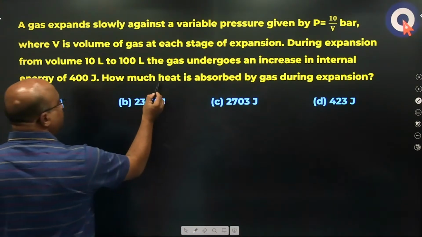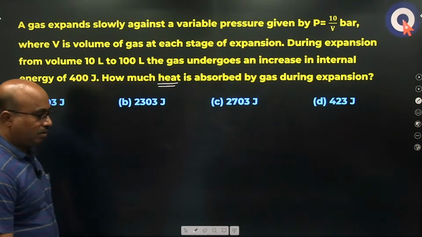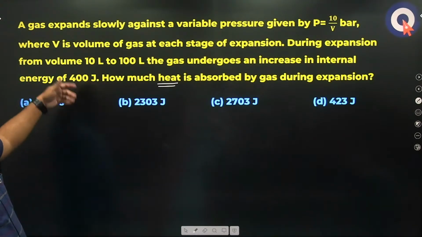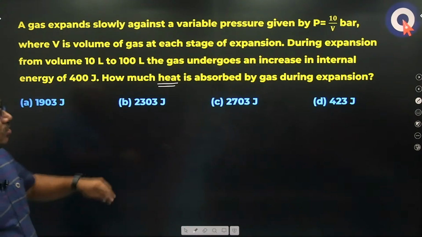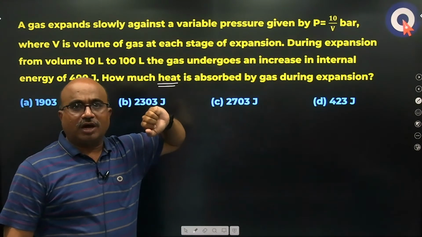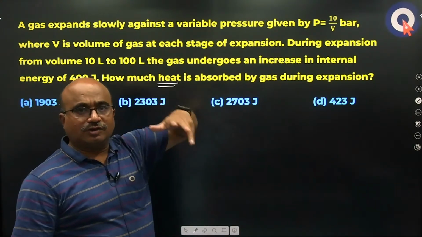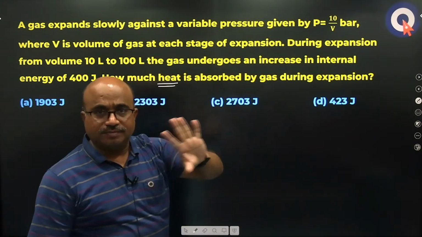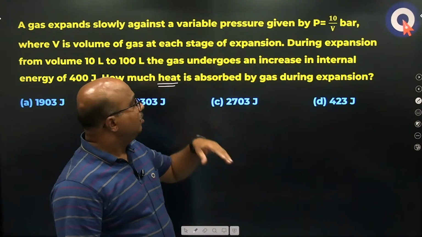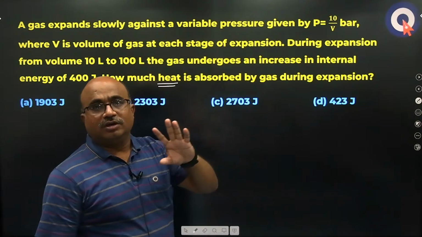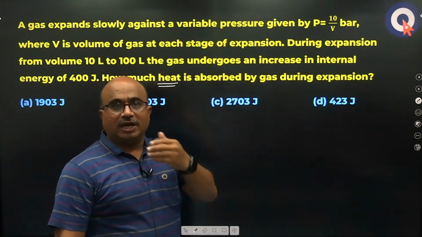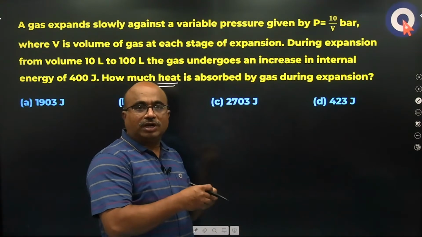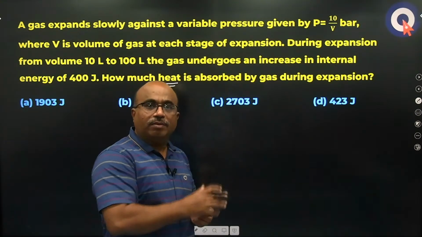So what is the net heat we have to calculate? Again, the internal energy change is given. The PV expression is given, P is equal to 10 by V. That means now we have to calculate the work. So what will your Q be?